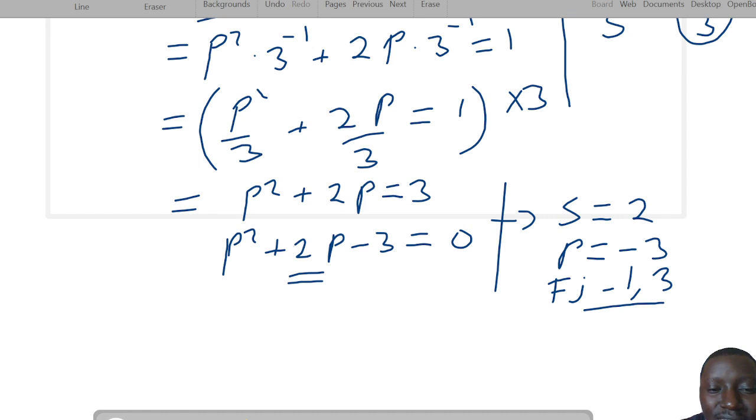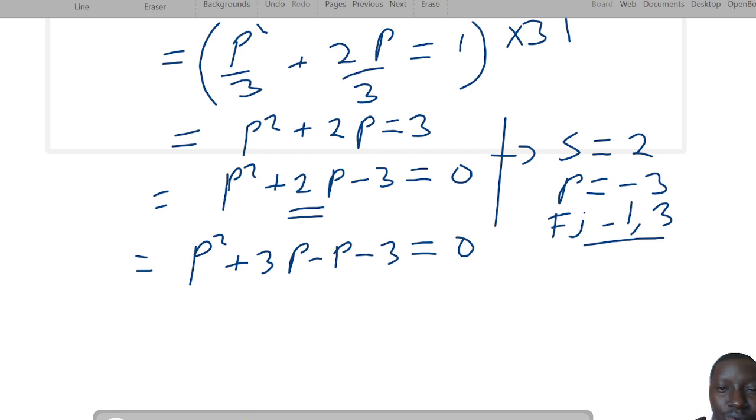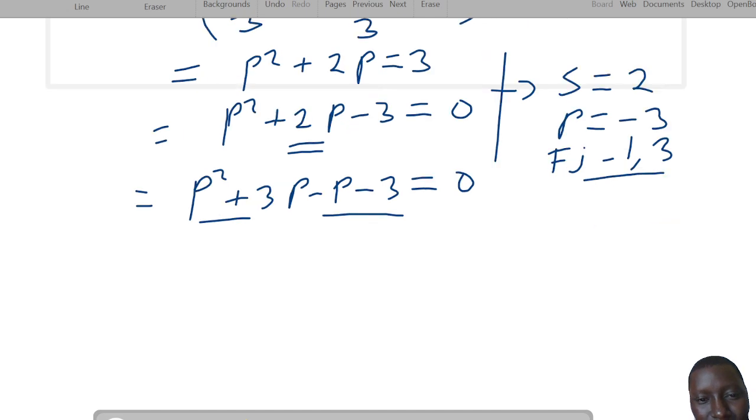So that implies that I'm going to have p squared, then perhaps I would say plus 3p, then minus p minus 3 is equal to 0. What I should follow next is I group into 2, and if you have to, perhaps you can underline, but not by use of a bracket, because it gets to change the meaning.